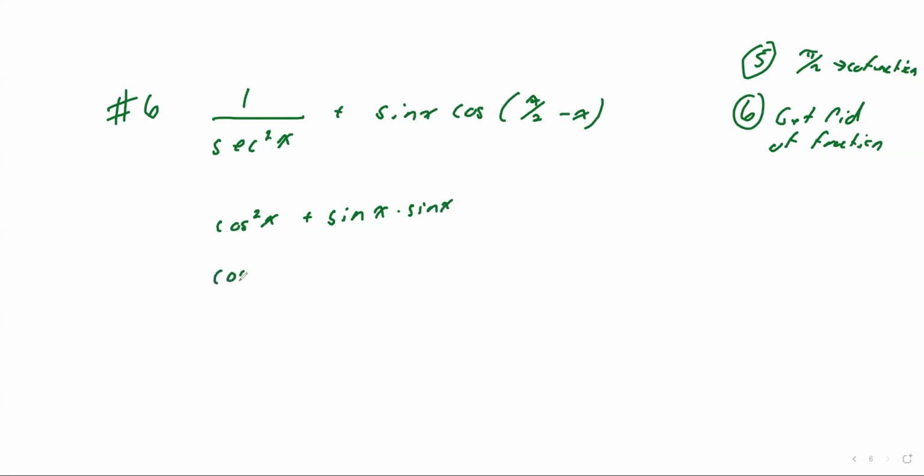So then when I look at this, sine x times sine x is just sine squared x. And now, even though it's not sine squared first, addition is commutative and the order doesn't really matter. But I know now that cosine squared x plus sine squared x equals 1 using the Pythagorean identities.